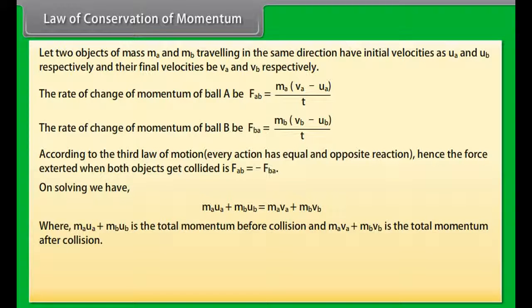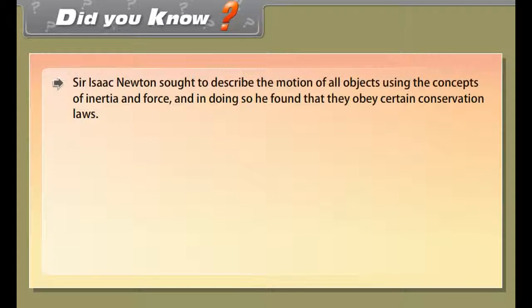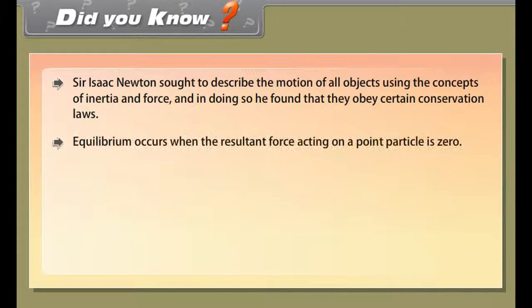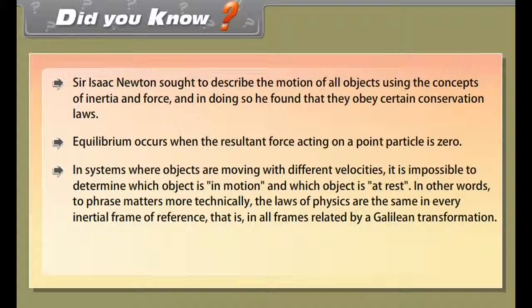The rate of change of momentum of ball B, FBA, is equal to mb into (vb minus ub) upon t. According to the third law of motion, every action has an equal and opposite reaction. Hence, the force exerted when both objects collide is FAB equal to minus FBA.